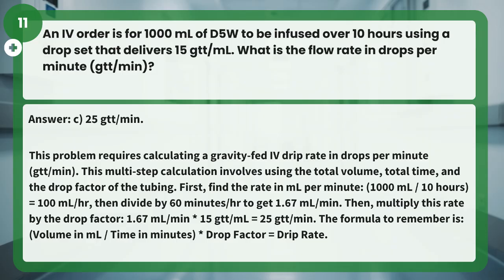First, find the rate in ml per minute, 1,000 milliliters/10 hours equals 100 milliliters per hour, then divide by 60 minutes/hr to get 1.67 milliliters per minute. Then, multiply this rate by the drop factor, 1.67 milliliters per minute * 15 gtt/ml equals 25 gtt/min. The formula to remember is volume in ml/time in minutes, * drop factor equals drip rate.